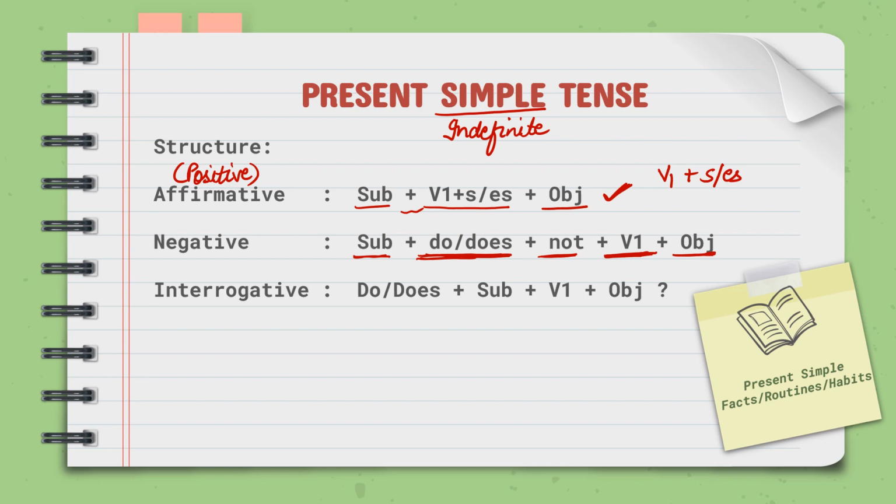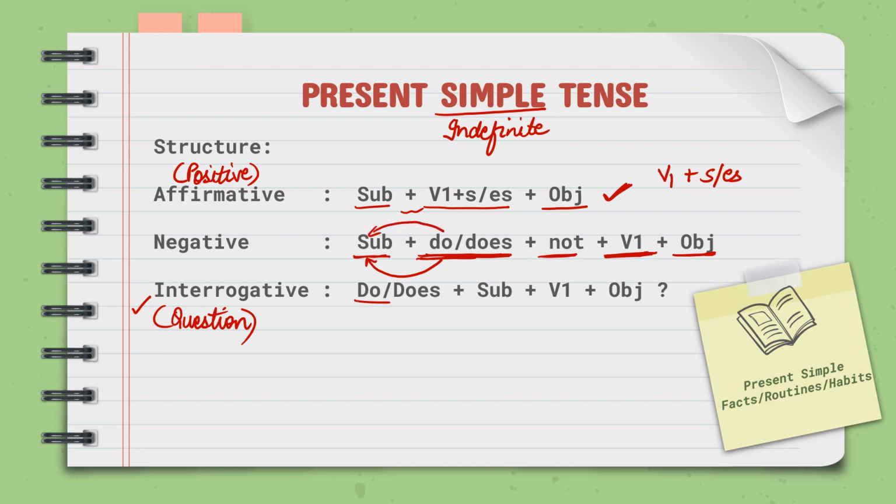Next is our structure of present simple interrogative sentence. What is an interrogative sentence? An interrogative sentence is a sentence which is used to ask question. So in this case, what we have to do is we have to interchange the place of subject and helping verb.